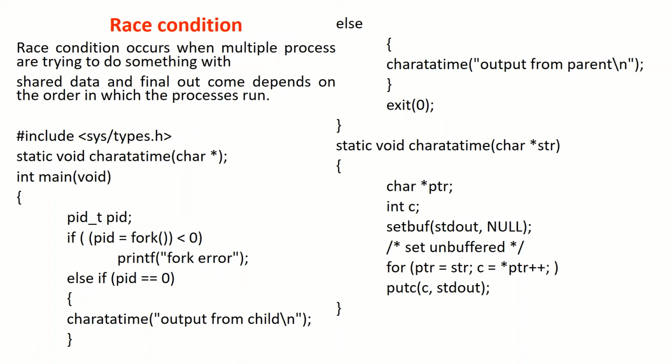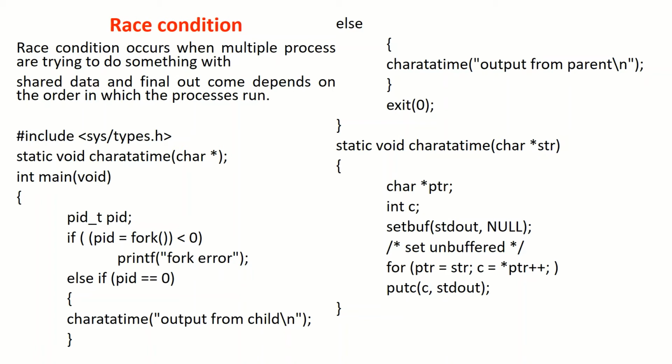If PID is less than 0, then a fork error is reported. Else if PID equals 0, then the output of the child is displayed. Otherwise, the output of the parent is displayed.